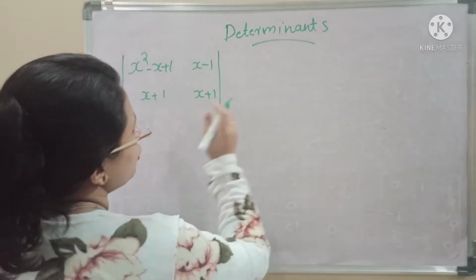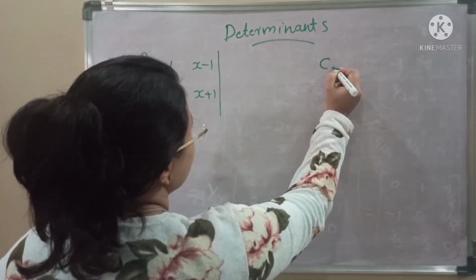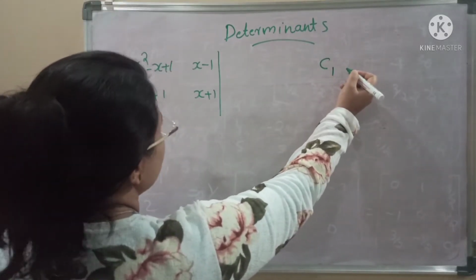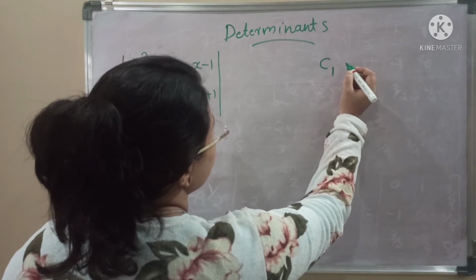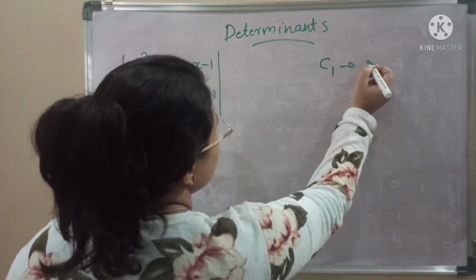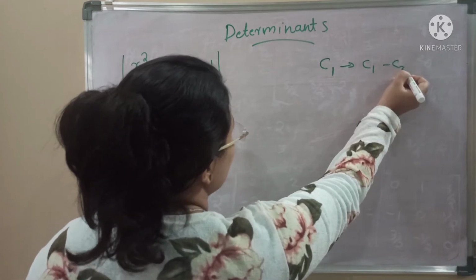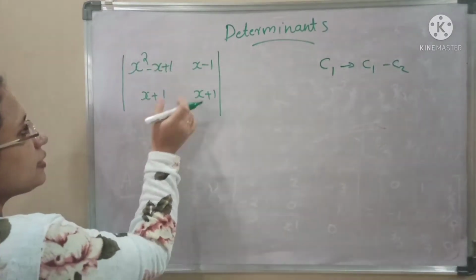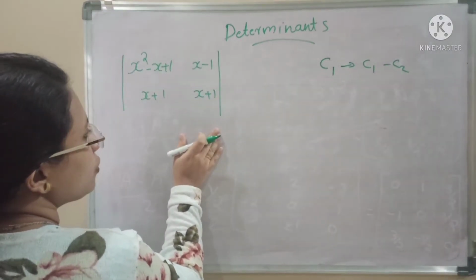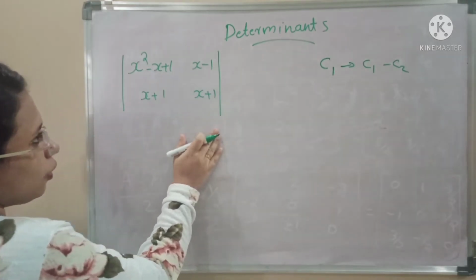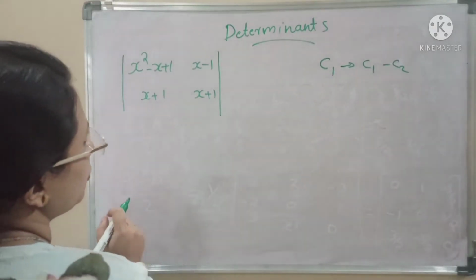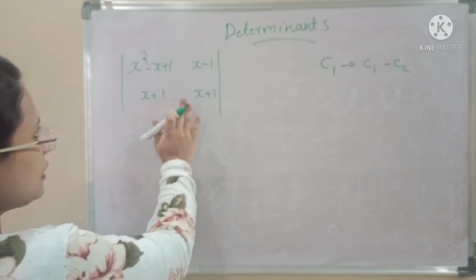First of all, we will do a column based operation. So C1 we will change as C1 minus C2. This is C1, this is C2.